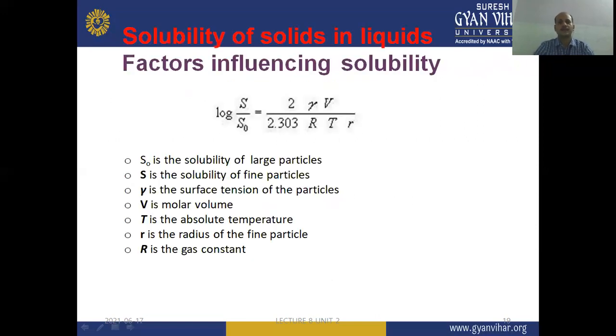Now, the equation: log S/S0 = 2γV / (2.303 RT r), where S0 is the solubility of large particles, S is the solubility of smaller or fine particles, γ is the surface tension of the particles, V is the molar volume, T is the absolute temperature, r is the radius of the fine particle, and capital R is the molar gas constant.